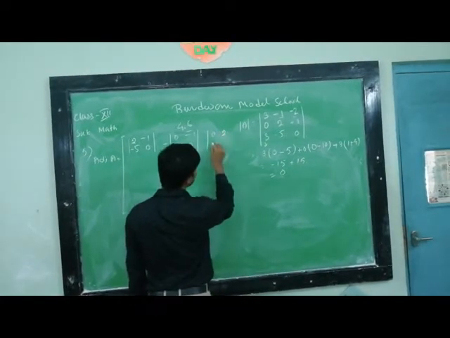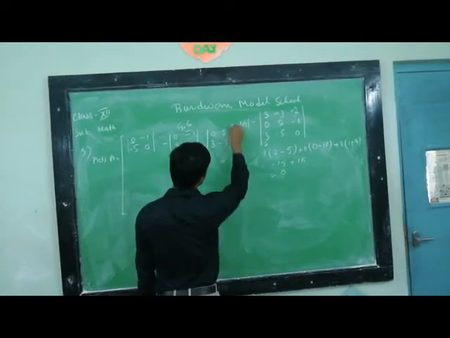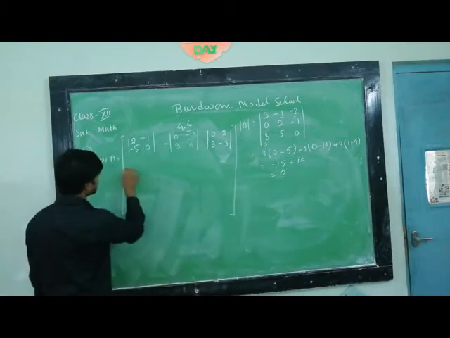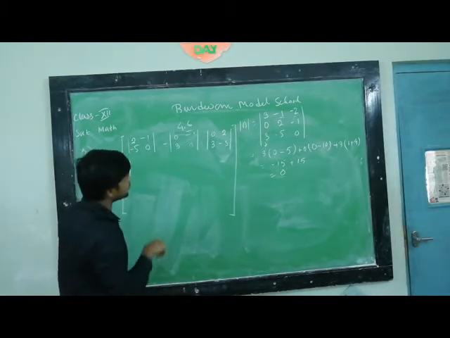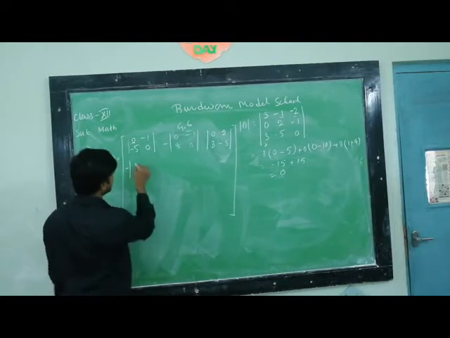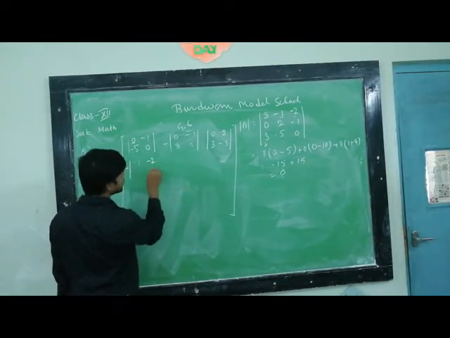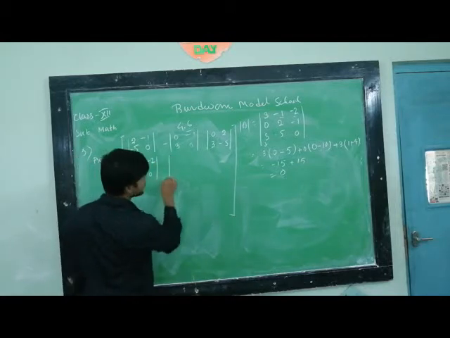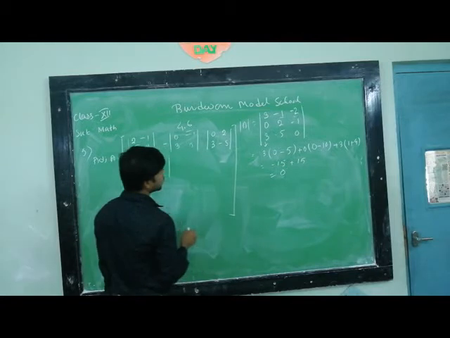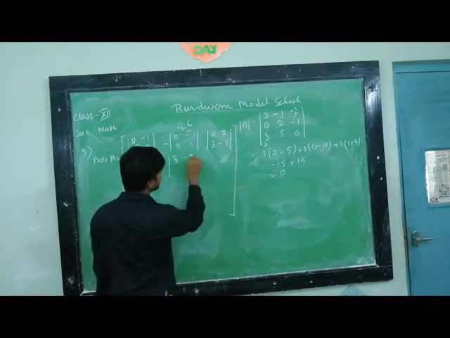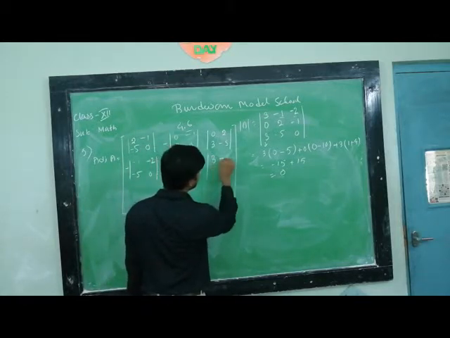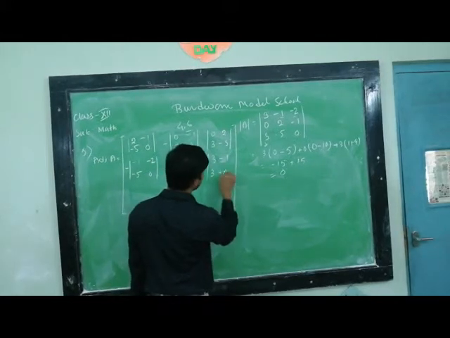Then corresponding to this element, minus, it will be -1, -2, -5 and 0; plus corresponding to the A22 element, this is 3, -2, 3, 0; minus corresponding to this, 3, -1, 3, -5.